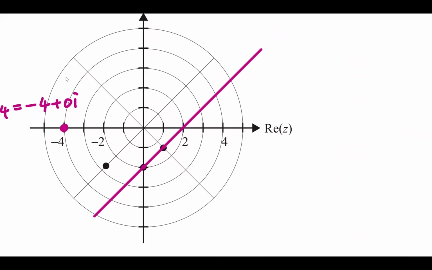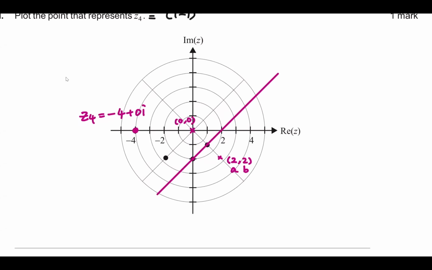So I know if I choose my reference point here, another point must be here by symmetry, which is 2, minus 2. This is 0, 0. So that is my a, that is my b. And this is L. It's a perpendicular bisector between 0, 0 and 2, minus 2, actually. Let me fix that.